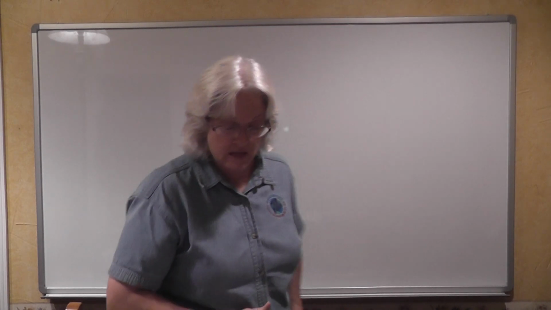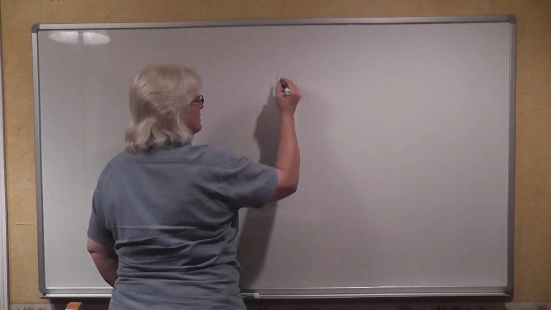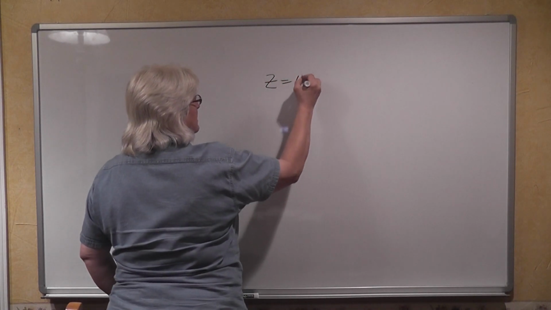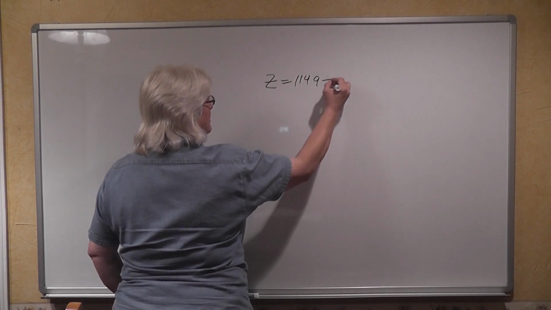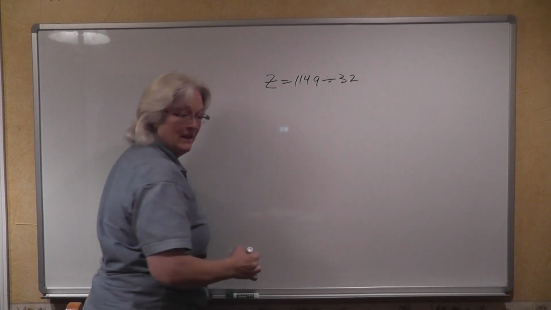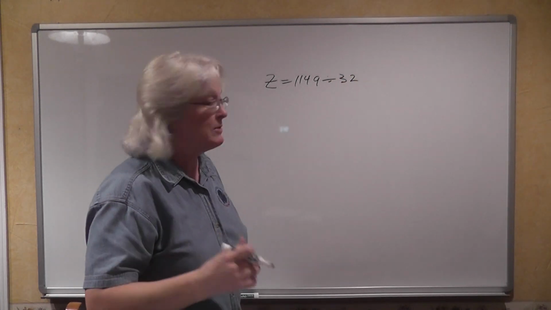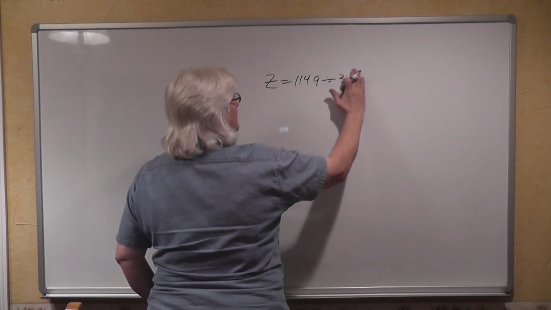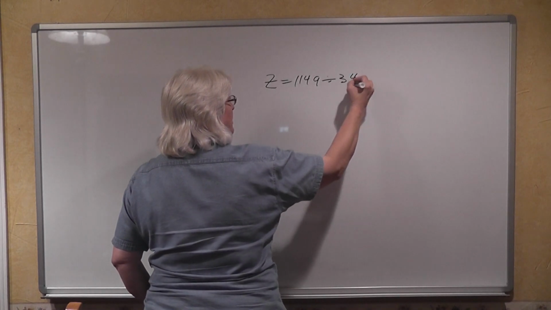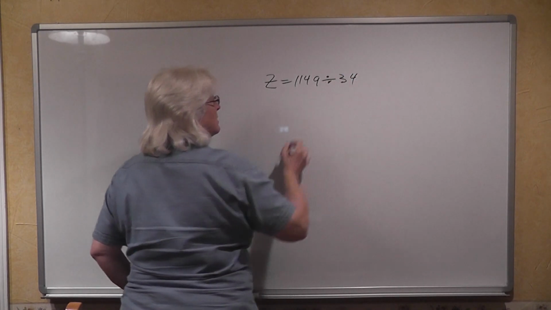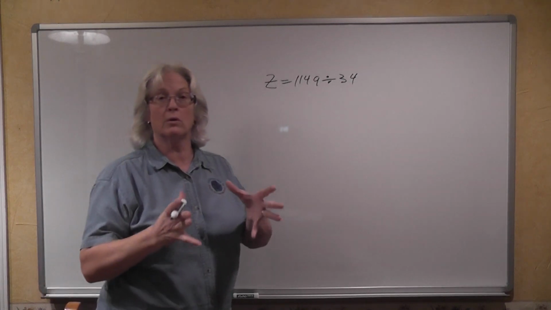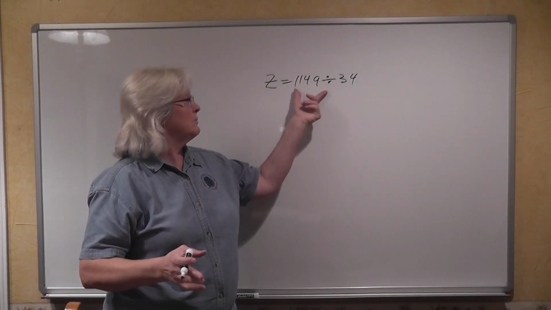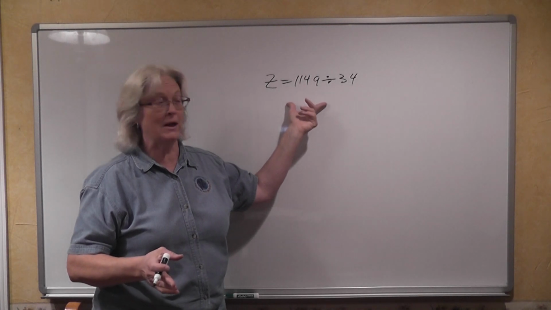Example 2b says z is equal to 1,149 divided by 34. It's going to come up with the same approximation. Once again, we're looking for numbers so that when we divide them, we don't have any remainders.